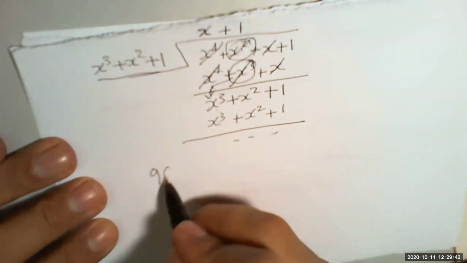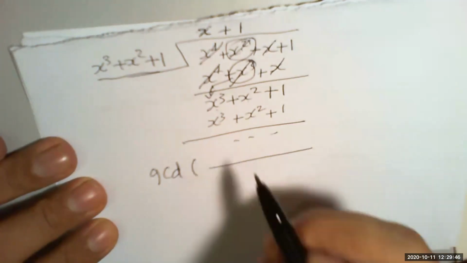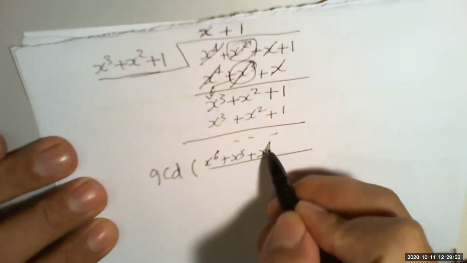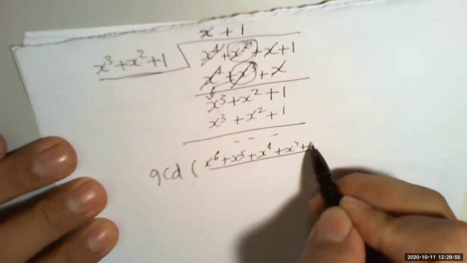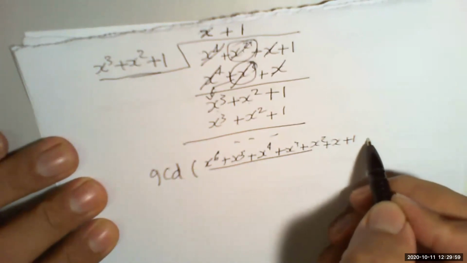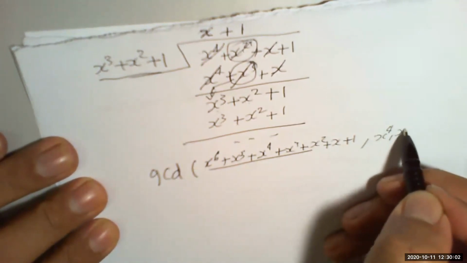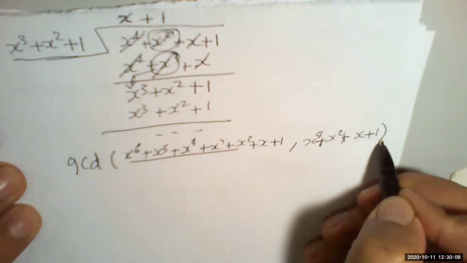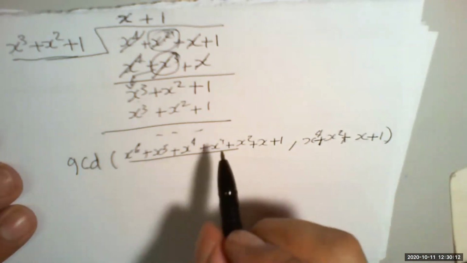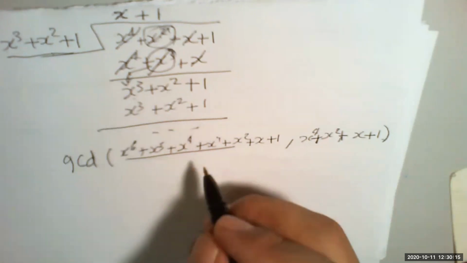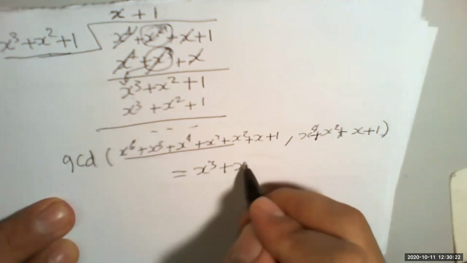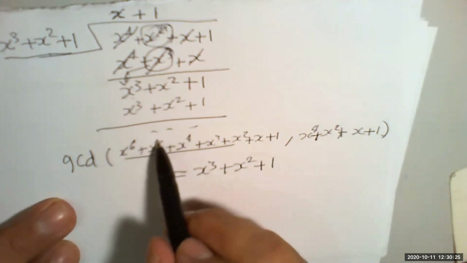This means the greatest common divisor of these two polynomials, x^6 + x^5 + x^4 + x^3 + x^2 + x + 1 and x^4 + x^2 + x + 1, is the last remainder, x^3 + x^2 + 1. You can check this one.